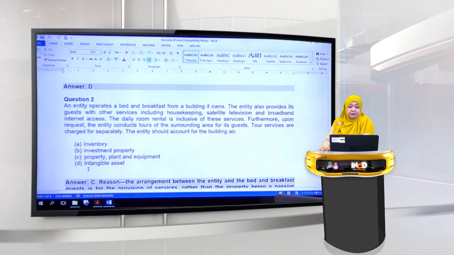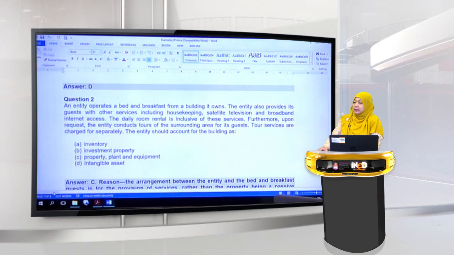Now we look at question number 2. An entity operates a bed and breakfast from a building it owns. The entity also provides its guests with other services including housekeeping, satellite television and broadband internet access. The daily room rental is inclusive of all these services. Furthermore, upon request, the entity conducts tours of the surrounding area for its guests.